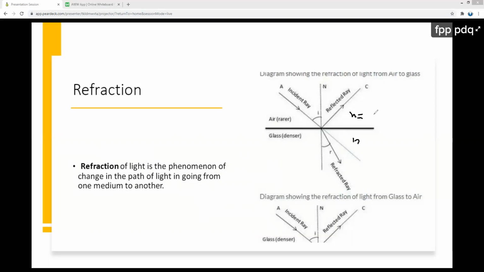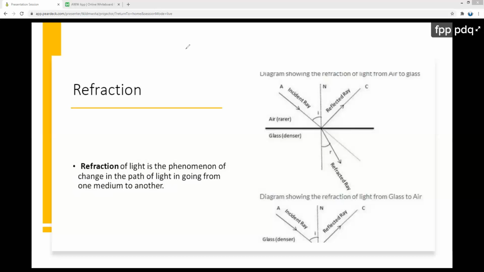Suppose air is one and glass is two. You know that the refractive index is different, so it will bend. That's the reason why it bends. While in reflection, it's the same medium with the same refractive index, so it's bouncing back and not bending anywhere.